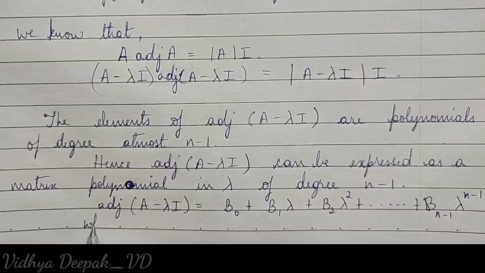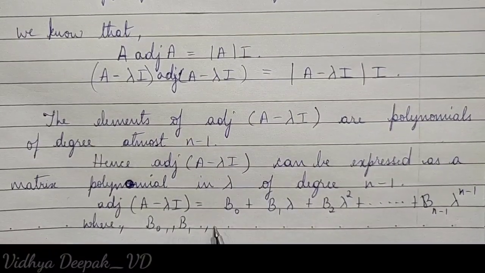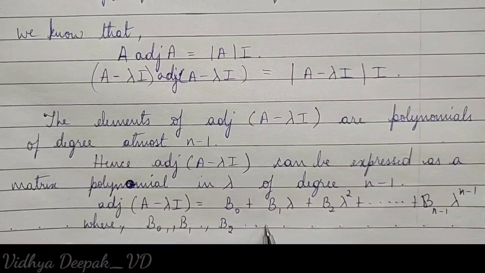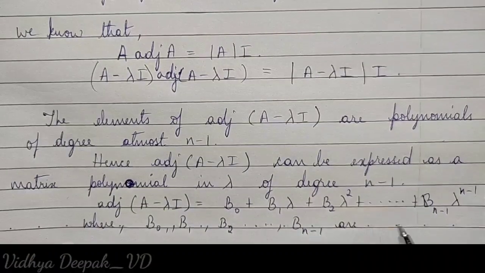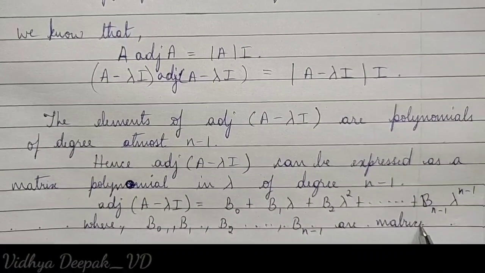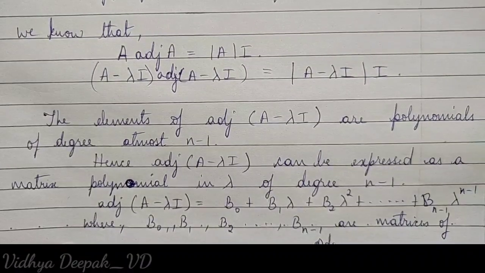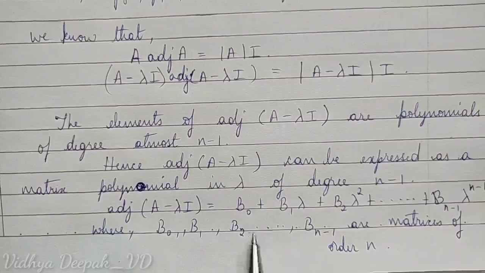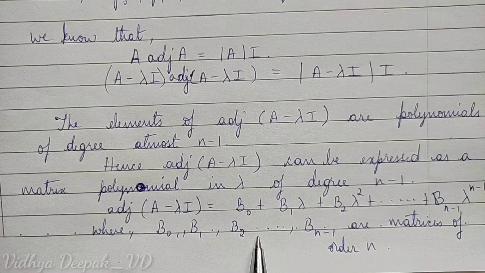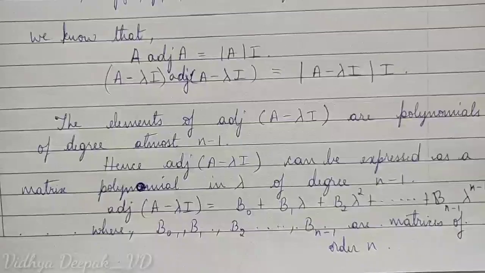Here B naught, B1, B2 etc. Bn minus 1 are matrices of order n. We saw the example, in that the order of B naught, B1, everything was 2 cross 2 again. That is equal to the order of the given matrix A, that is n cross n.